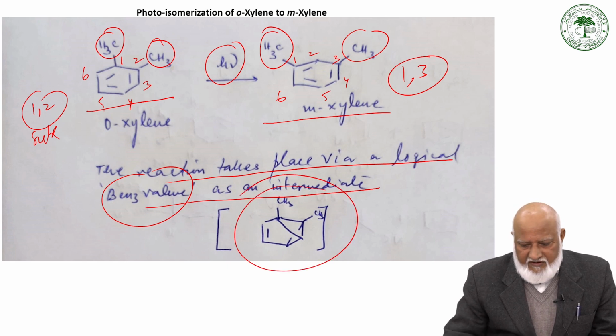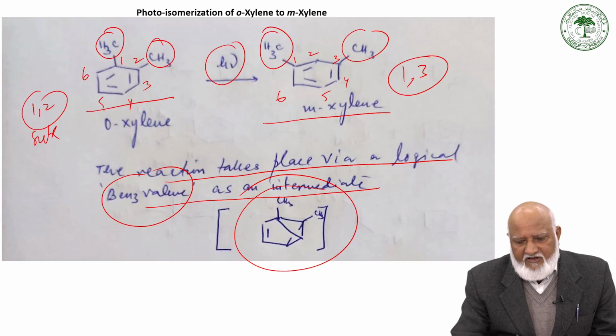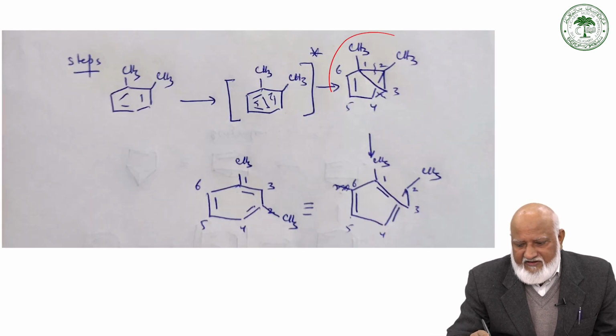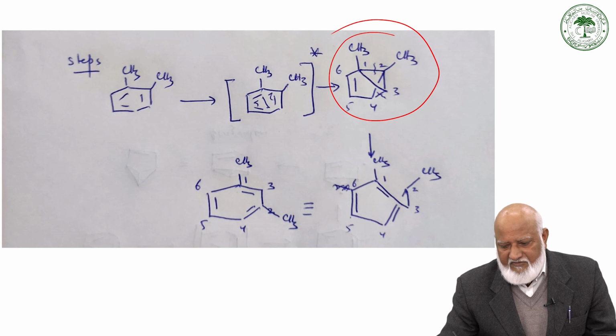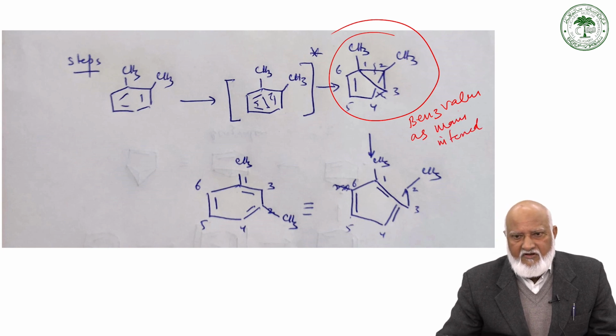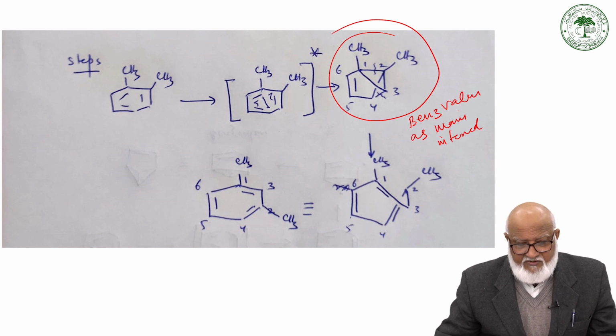As usual, the steps involved in the rearrangement can be visualized by looking into this mechanism, and you can say that, as mentioned, the main intermediate is the benzvalene, the main intermediate in the photo rearrangement or photoisomerization for shifting of the methyl group.